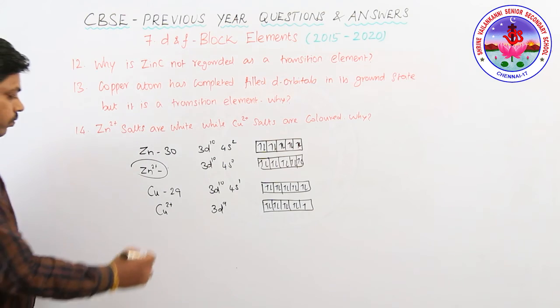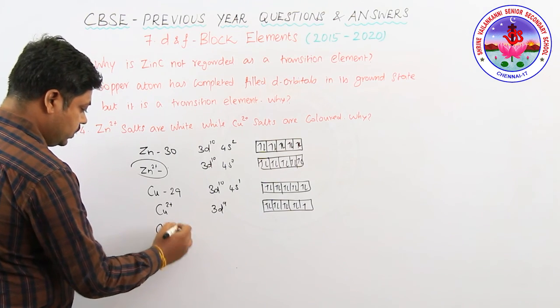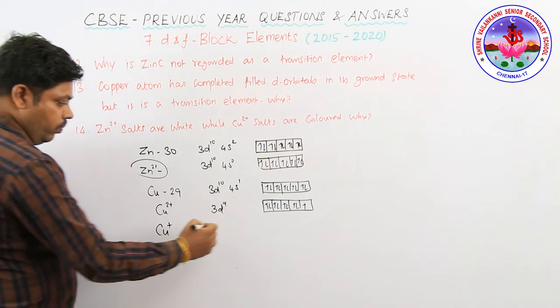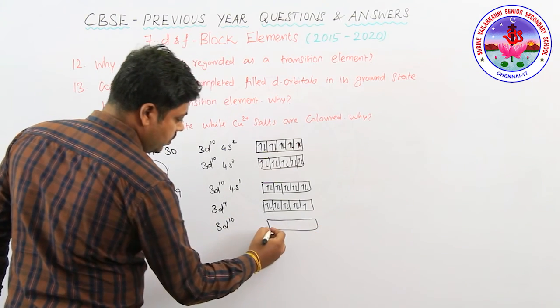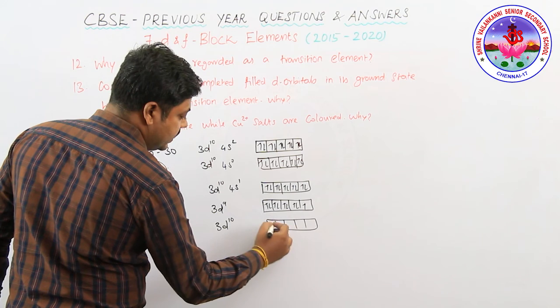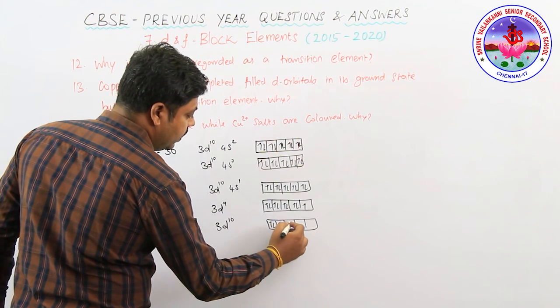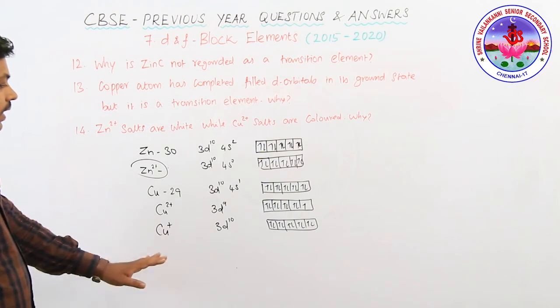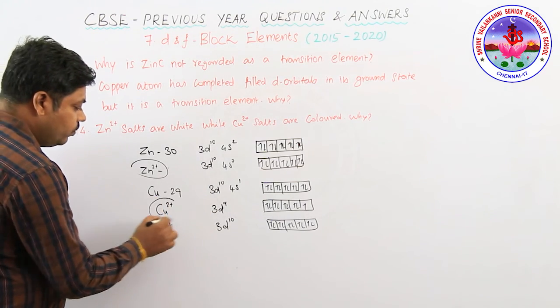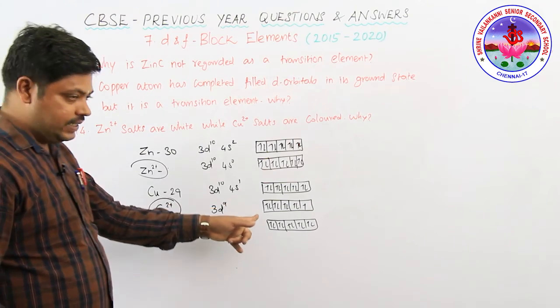In case of Cu plus, for example, it will become 3d10. This is not considered as a transition element because of the completely filled d orbital. There is no unpaired electron. So only Cu2 plus is considered as a transition element.